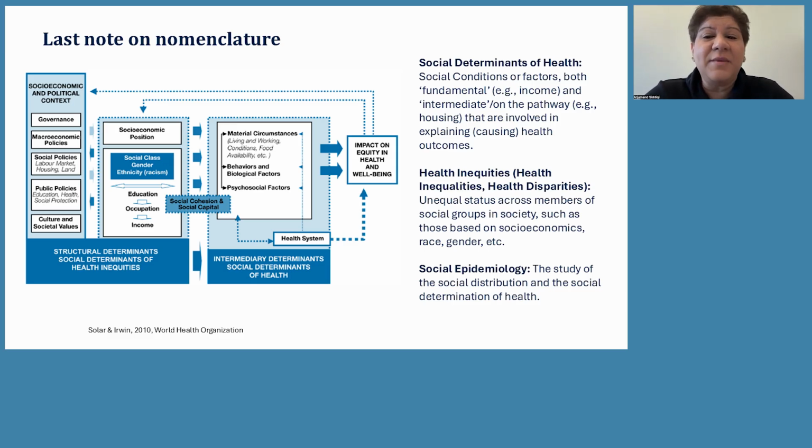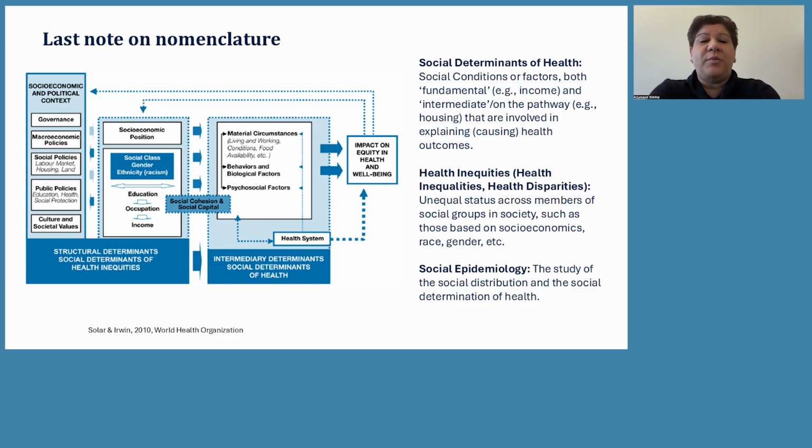So these names and nomenclature aren't terribly important, but it is useful to know that they're used somewhat interchangeably at least, and that they can have deeper meanings if you think about them a little bit more. But I think by and large, the key is that social determinants and social conditions or social factors are the ball of social exposures that we're interested in.